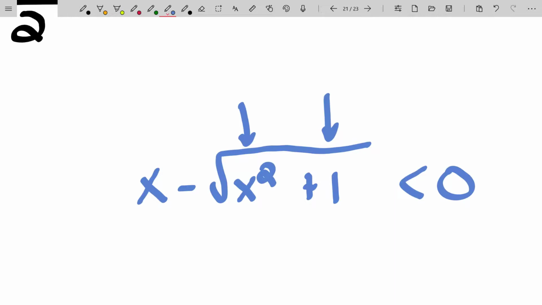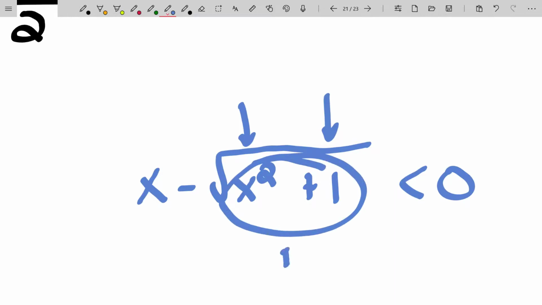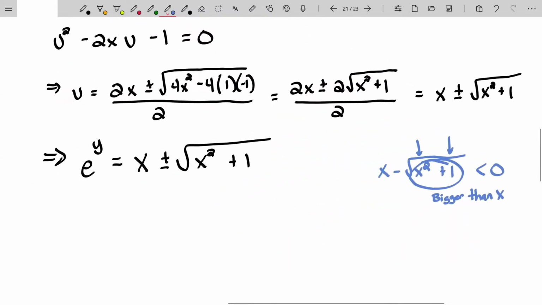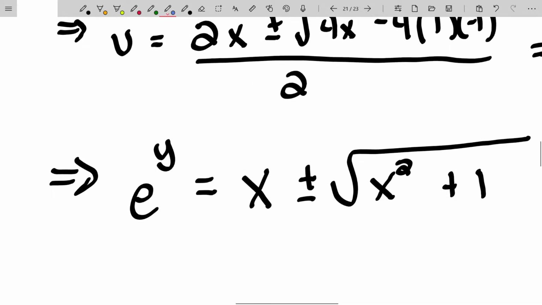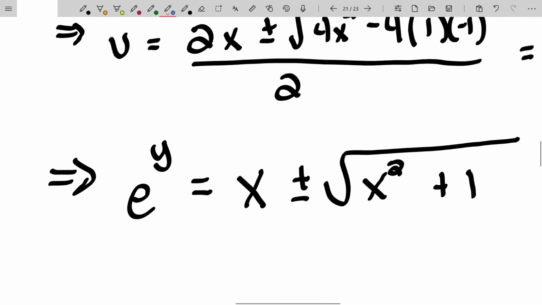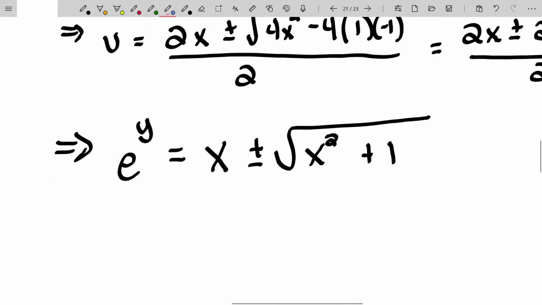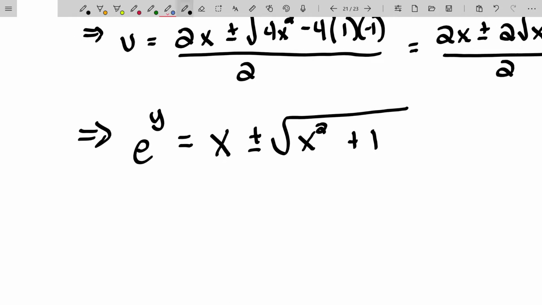So this number here, when you take its square root, is going to be bigger than x. So x minus something larger than x, that'll be negative. And exponentials are never negative. So I'm going to throw out the minus sign off our quadratic solution.